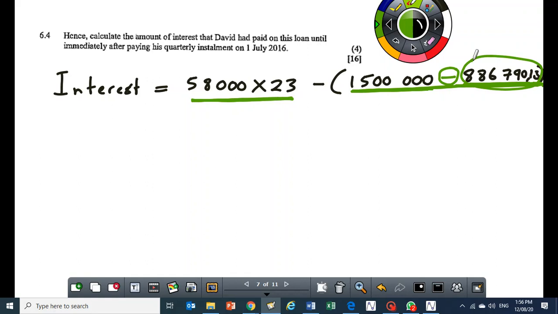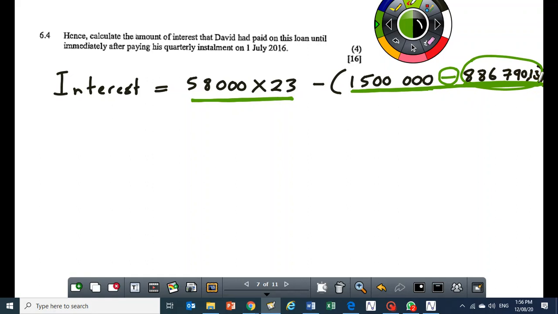So if you want to know from the 1,500,000 how much the person has paid, we can get that amount by subtracting this amount from 1,500,000.